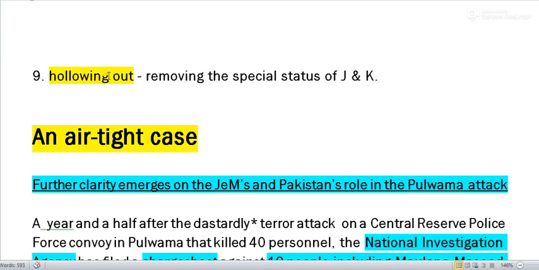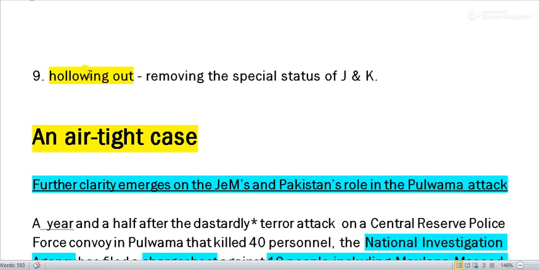Then hollowing out, putting out something very important. Here in this passage, it has referred to the removal of the special status of J&K, Article 370. This removal of status of J&K is hollowing out.